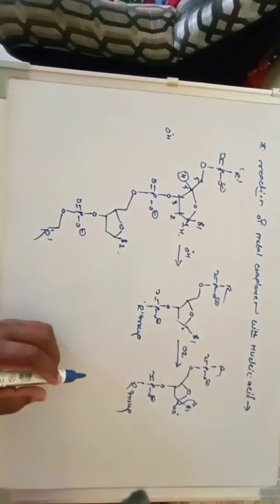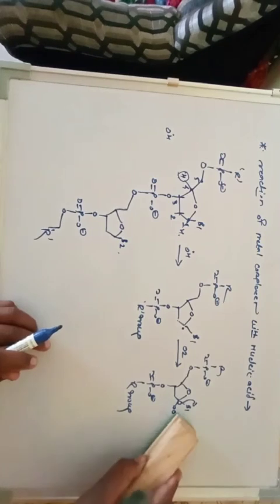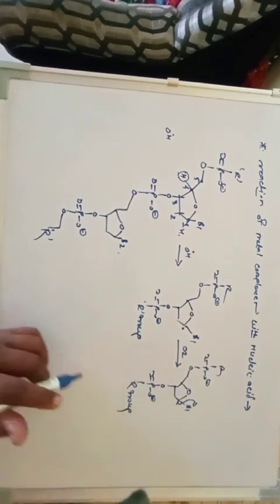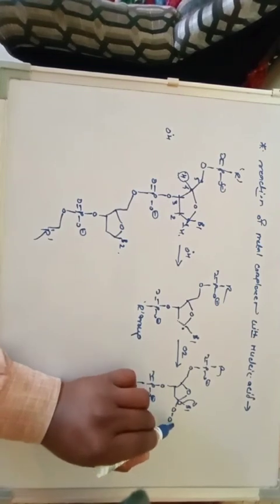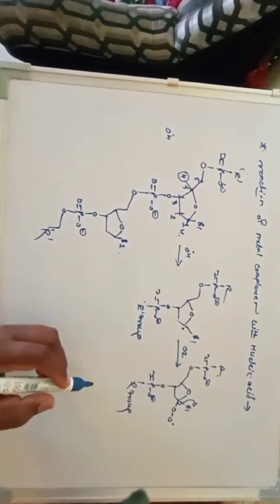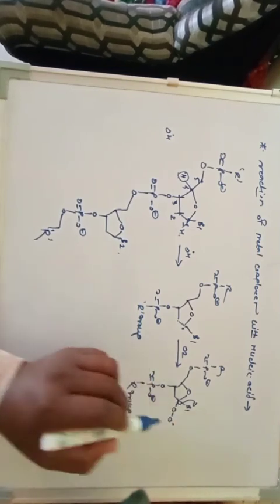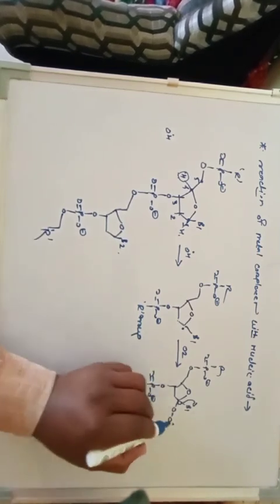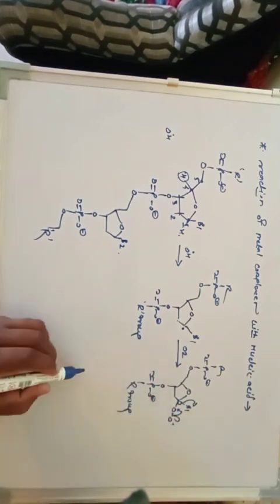So we can write here once again. Oxygen is there, and there is a radical. What happens when this bond breaks? There is a formation of a radical again. This bond will break and give an O radical.